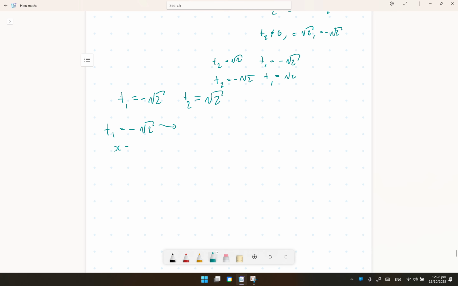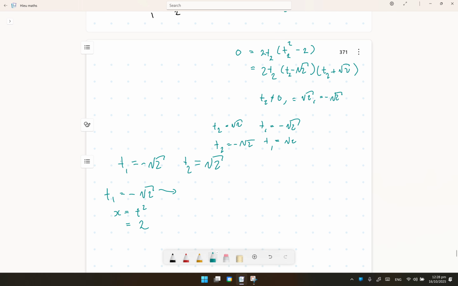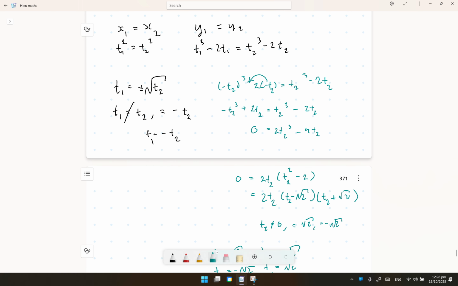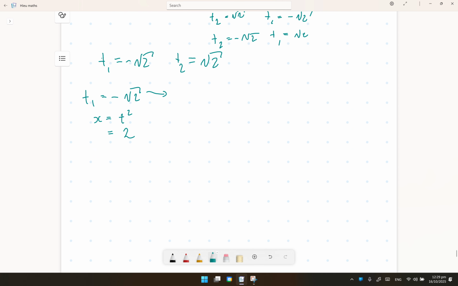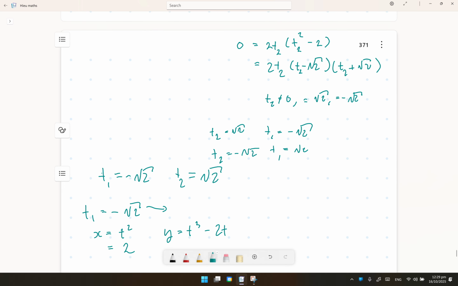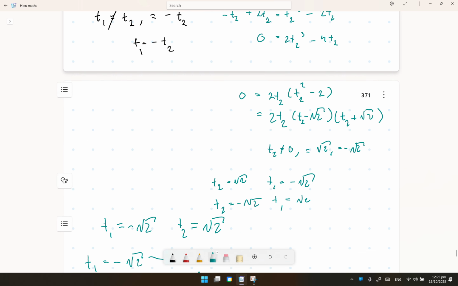Then x would be equal to t squared, so x would be equal to 2. Y is t cubed minus 2t.